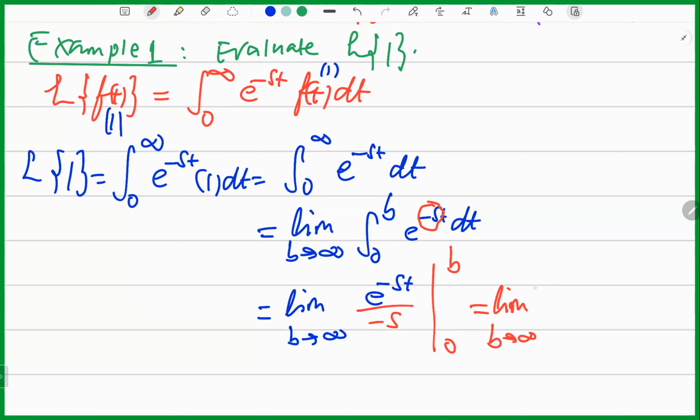So what is all this here? If you substitute this, you can leave 1 over s outside, and then substitute the bs. Because this was the integral in terms of t, in the place of t you put the b, and then you minus e to the minus, in the place of t, you put the 0.